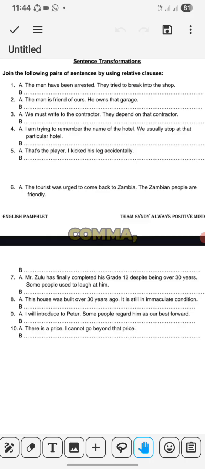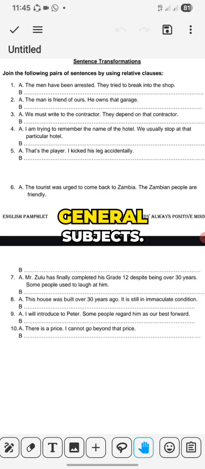The other way of identifying the difference is that for the defining relative clause, the subject is usually not specific, it is a general subject, such as the tree, the car, the man, the girl. So those are general subjects.